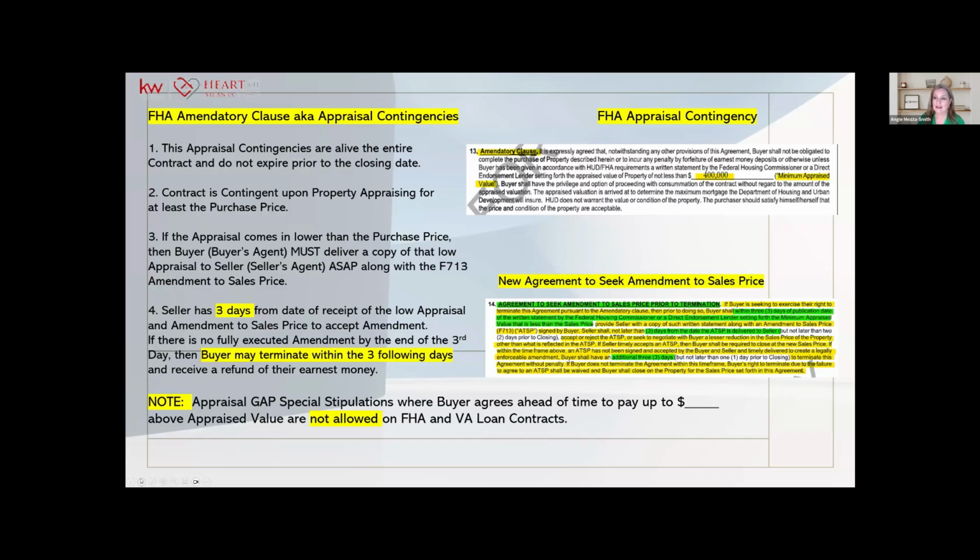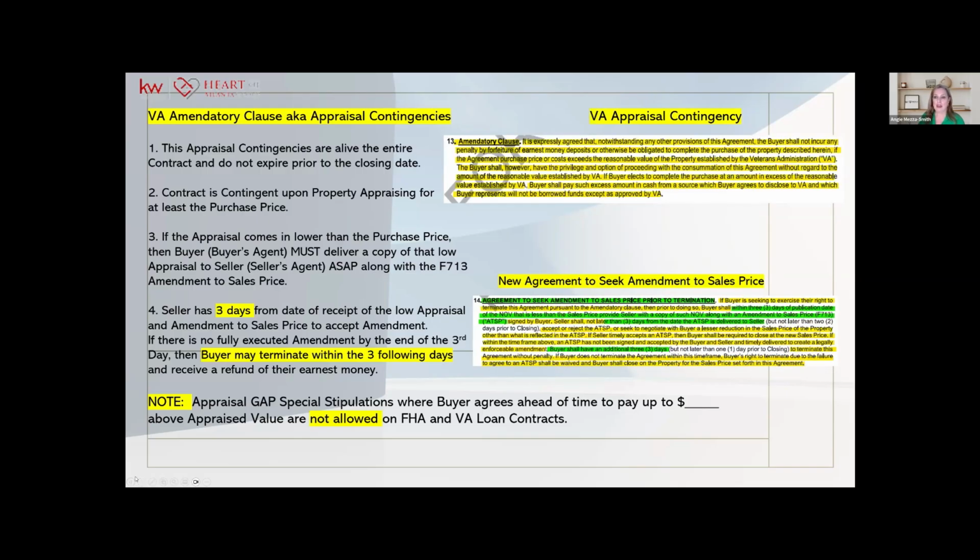And I'm just telling you guys, let's not be afraid of this. The FHA debt to income ratios are more generous. The loan amounts have increased, and it's a really good loan. And you don't need to necessarily shoot it down, and certainly not just because you're afraid it's going to appraise low and somebody's going to walk.